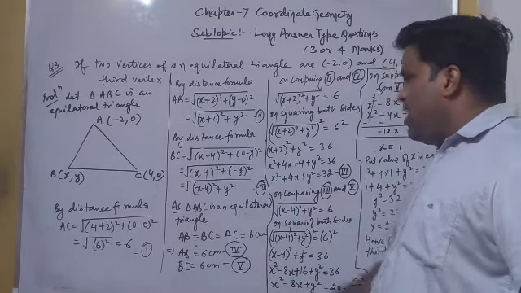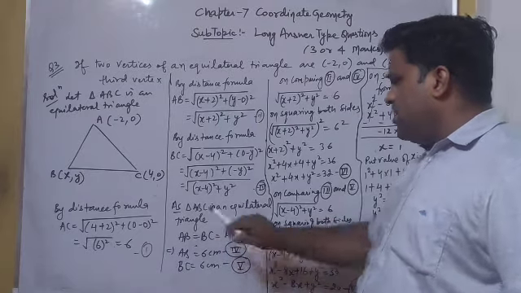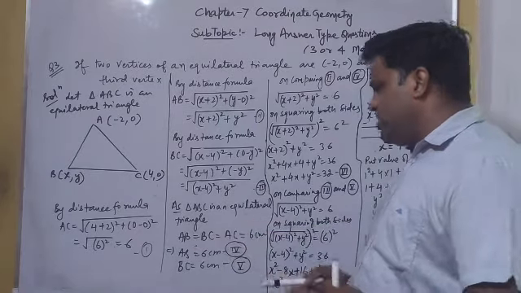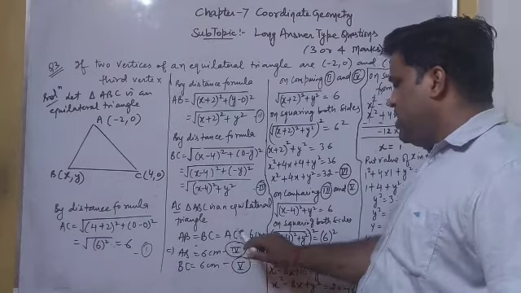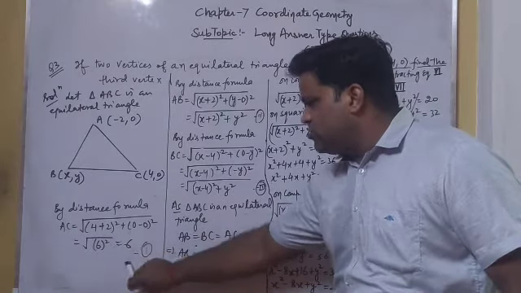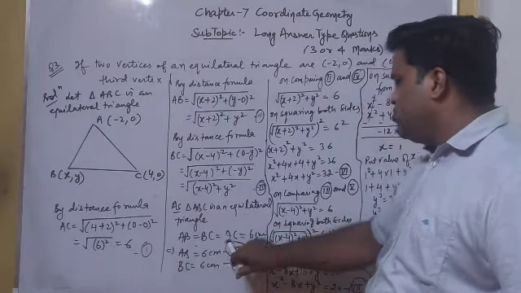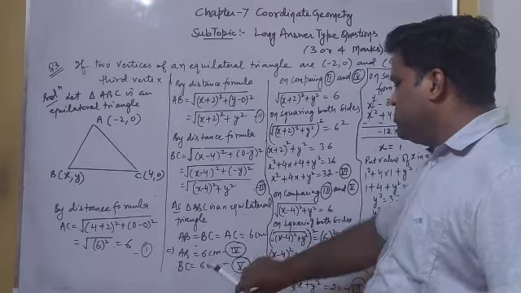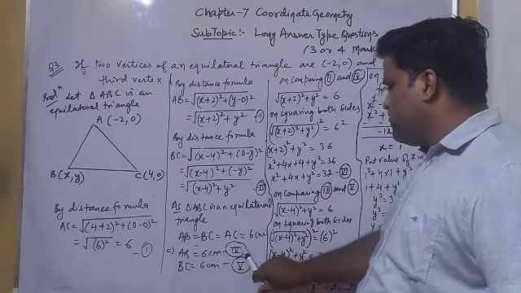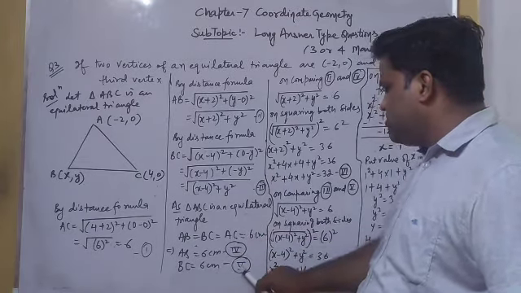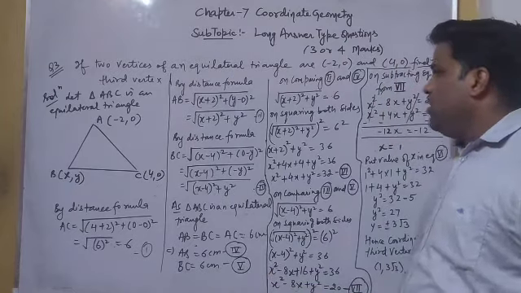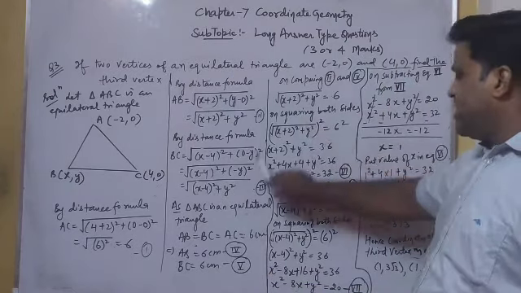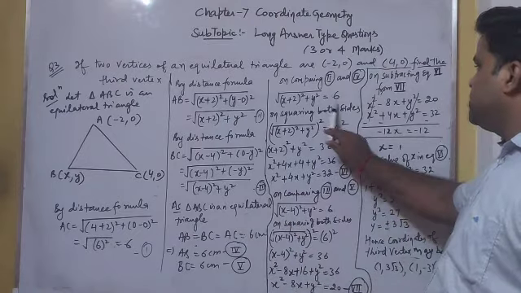As triangle ABC is equilateral, all three sides are equal: AB equal to BC equal to AC. As AC is 6, AB equal to BC equal to AC are all equal to 6 cm. So we consider AB equal to 6 as the fourth equation, and BC equal to 6 as the fifth equation. Now on comparing the second and fourth, we get this equation.